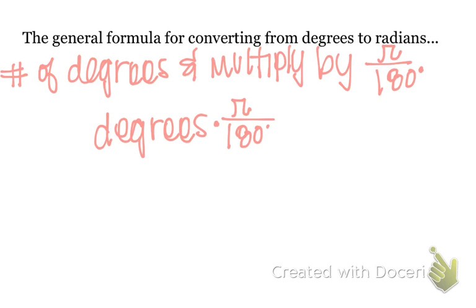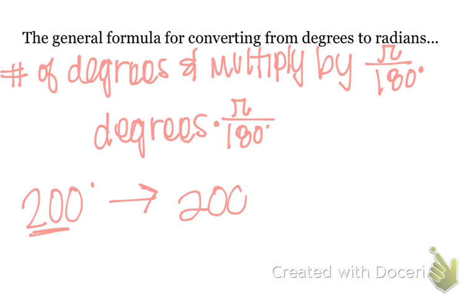So let's do an example. Let's say we have to convert 200 degrees to radians. 200 is our degrees, so I'm going to multiply 200 by pi over 180. We have a fraction here, so I can just put the 200 over 1.